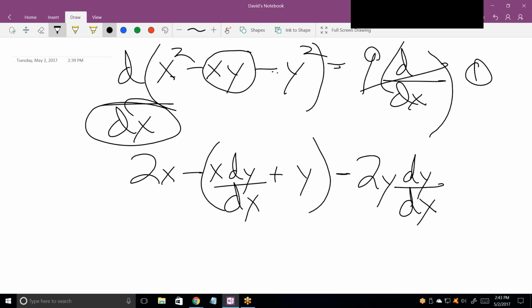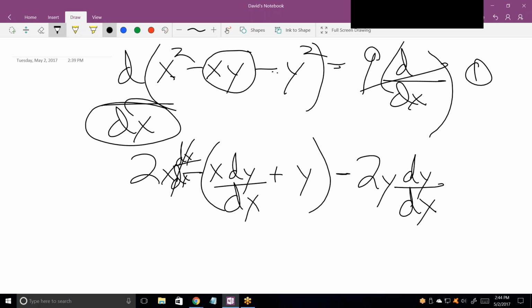Anything other than x, you follow with d of that variable with respect to x. You can even think of following the x with a dx dx, because that's 1, so it always goes away. So every time you come across a variable, differentiate it and follow it with d of this variable relative to dx.